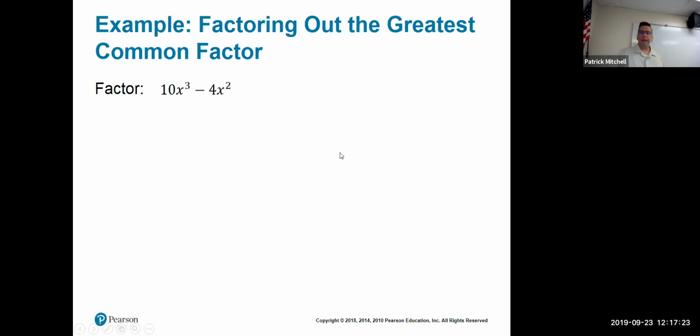So if they ask you to factor 10x cubed minus 4x squared, let's think about this for a second. The biggest number that divides into 10 and 4 is 2, right? So part of the greatest common factor is going to be 2. And then I look at my x terms, and I see that I have x to the third, I have x to the second.